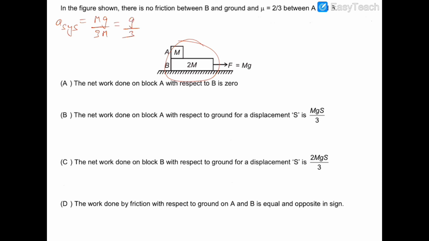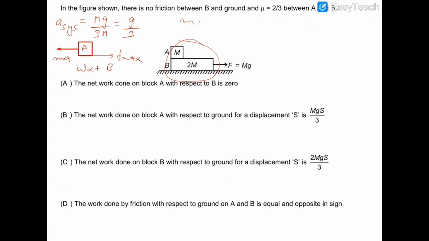And if I need to examine the slipping, I am drawing the FBD of block A with respect to B. So pseudo force will be acting on this block in backward direction, which is equal to ma, and the friction that can act on this block is F max in the front direction.